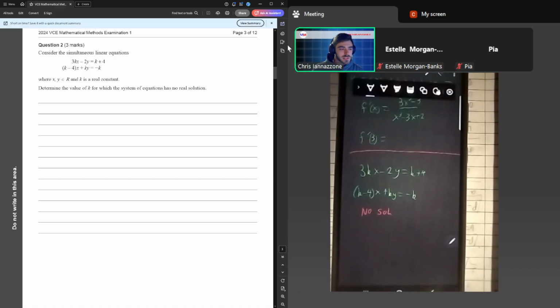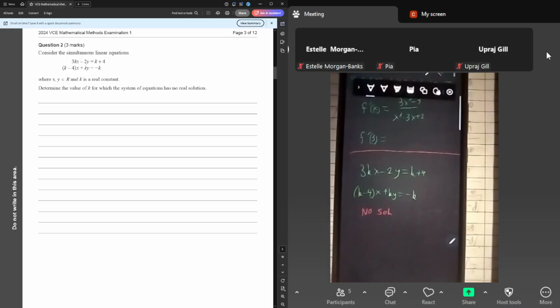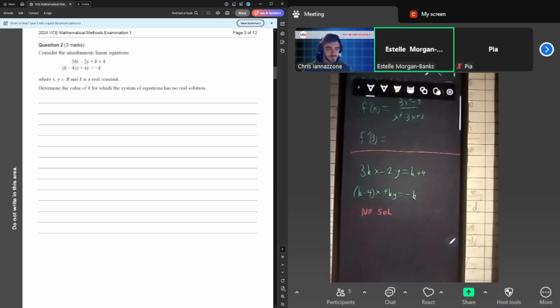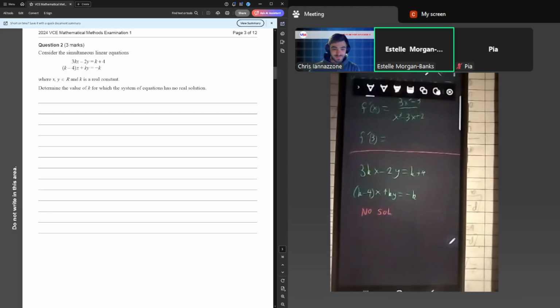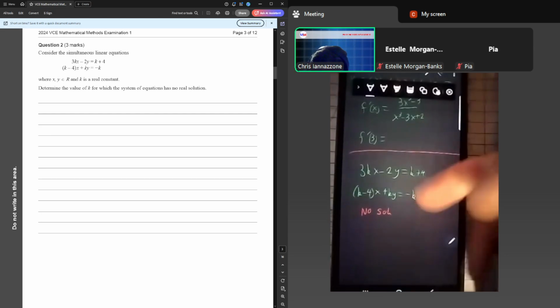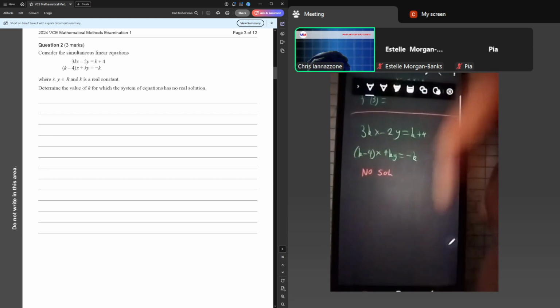Even if you don't have a concrete first step, what kinds of concepts are coming to mind when you see a question that's written in this way? For this question, I would first rearrange for y for both. That sounds like a great idea. Yeah, rearrange for y in both of them. That's what I've got written in my approach to how I do it as well.